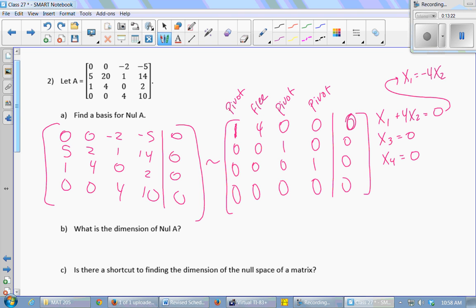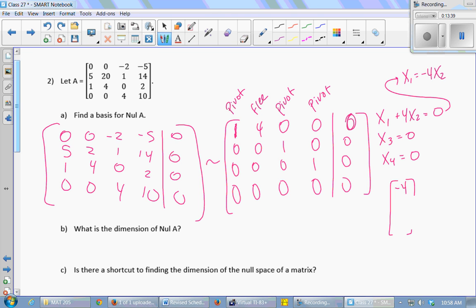So if I just finish out, if I were to put this in parametric vector form, my vector would be negative 4, 1, 0, 0. That's a 1 for the x2.